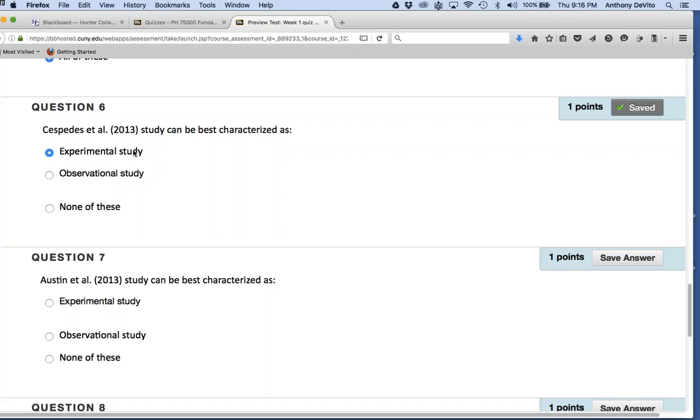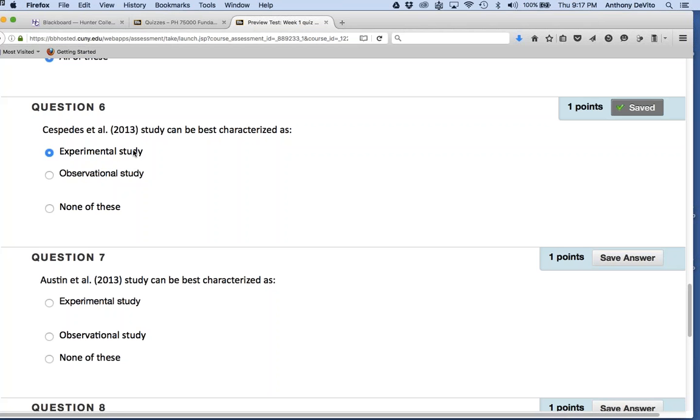An experimental study might be taking someone and putting them on a placebo or a drug and seeing how their blood pressure measurements change, or putting one on a diet and another not on a diet, or perhaps some sort of intervention, where you might ask how psychiatric patients perform if the nursing staff gets behavioral science training, compared to the condition of patients if the staff doesn't get that kind of training.